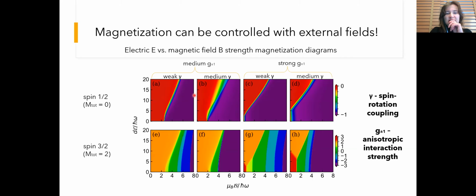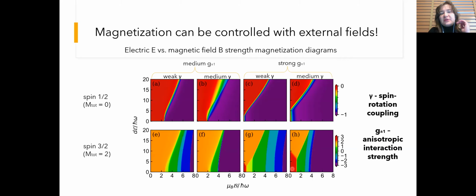But it also turned out that the anisotropic interaction plays a role, and it's easiest to see here in the spin 3/2 case, where all these columns are for strong anisotropic interaction strength. We see that we get additional magnetization values accessible as compared to the diagrams with medium anisotropic part. Why?